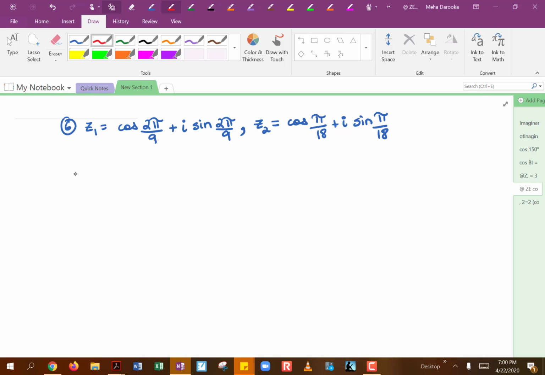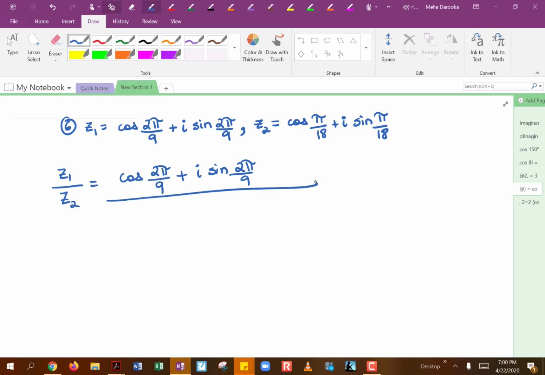So let's take a look at this one here. To find the quotient, z1 divided by z2, we will have cosine of 2 pi over 9 plus i sine of 2 pi over 9 divided by cosine of pi over 18 plus i sine of pi over 18.